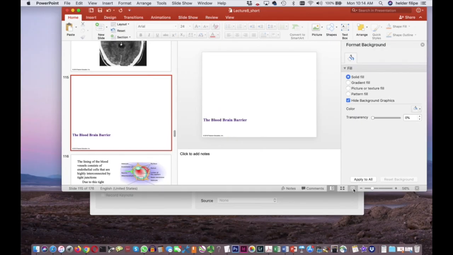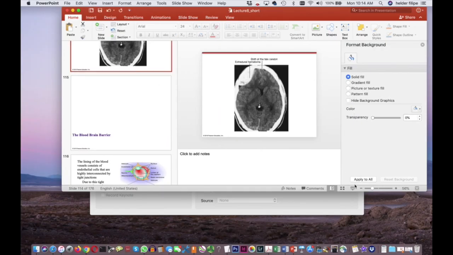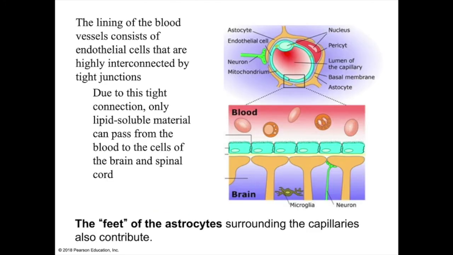The blood-brain barrier. The blood-brain barrier is a barrier between the blood and the brain. I wanted to speak a little bit about it, just from the point of view of anatomy.